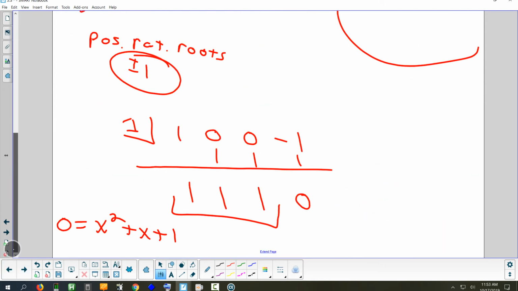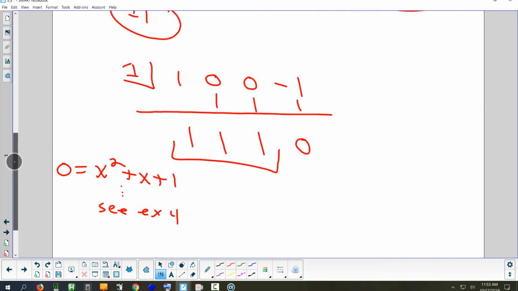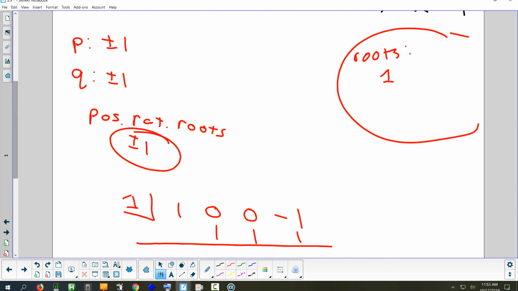So I'll just put that right here. See example 4. So let's put all the answers in. Negative 1/2 plus or minus root 3 over 2i. So this particular cubic has 1 real, 2 imaginary.